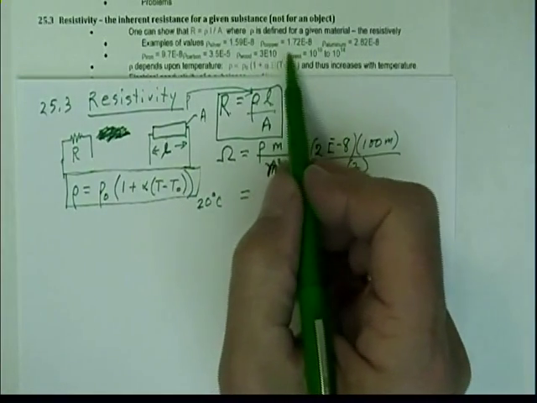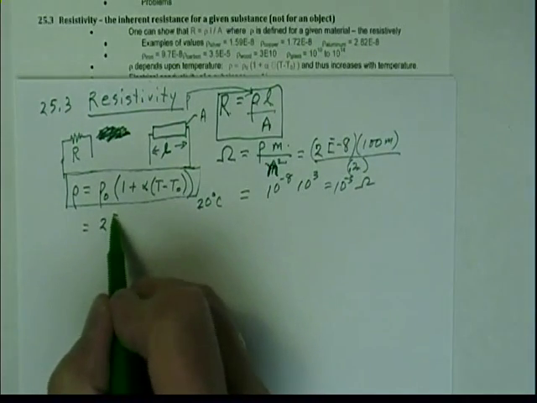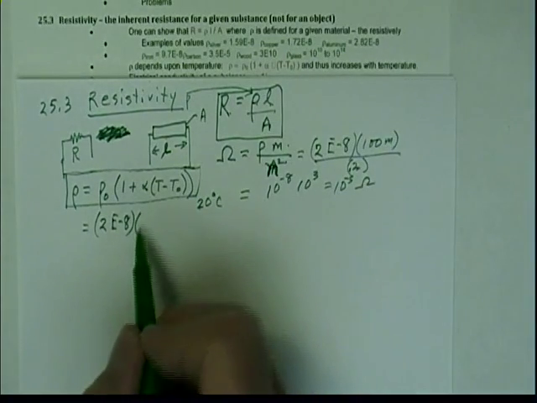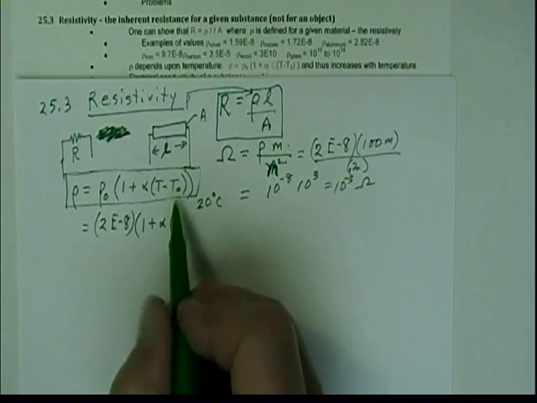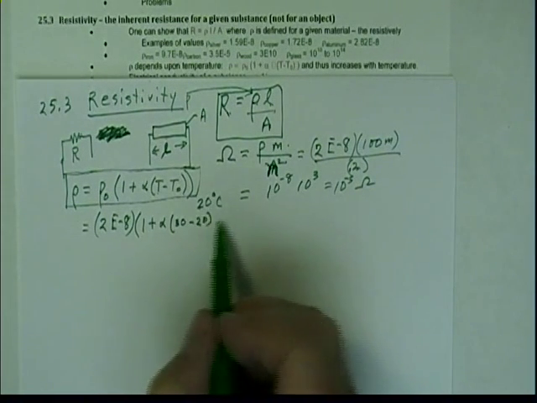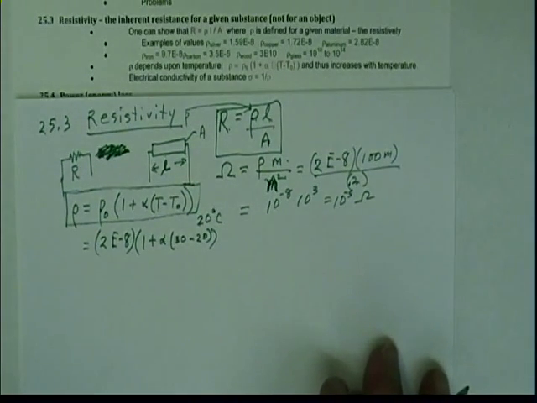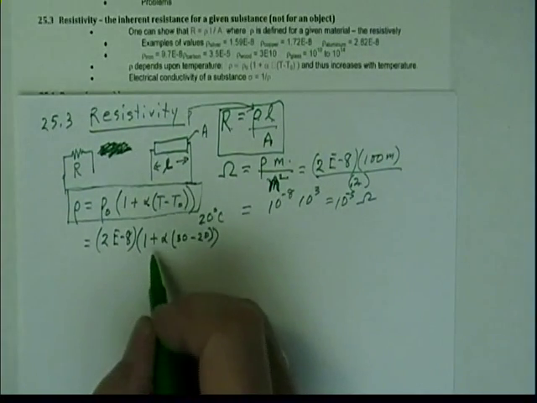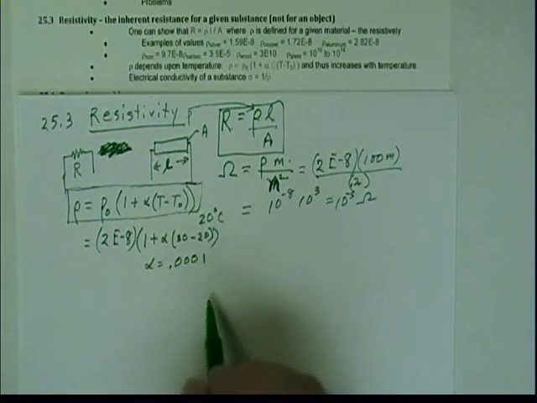So we would take something like, again, copper, which would be 2e to the minus 8, and I'm rounding off there, around that 1.7, I just rounded it off to 2, times 1 plus alpha times, let's say it's at 30 degrees, 30 minus 20 degrees, and that would give us 10 degrees times alpha. And I don't know what alpha is for that particular substance, but that would be given to you on the test. Let's say alpha, for example, for silver might be 0.0001.